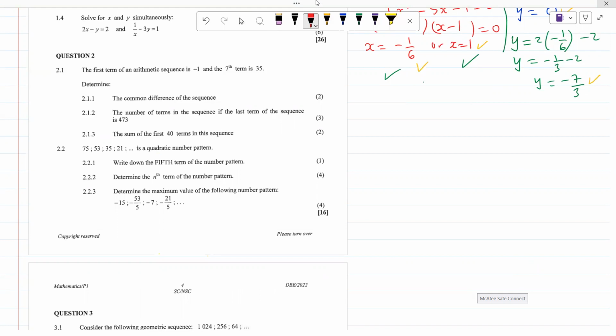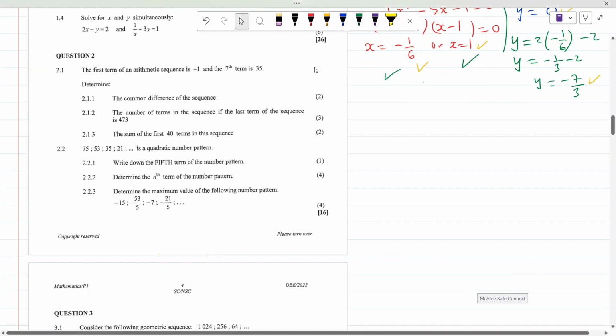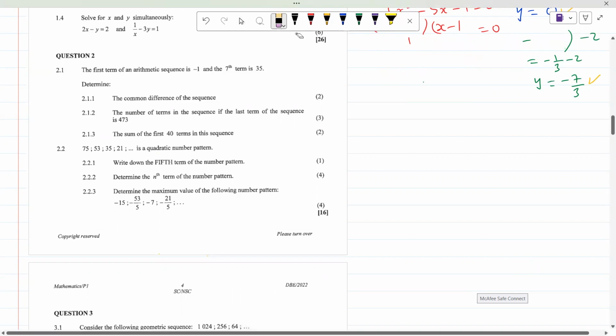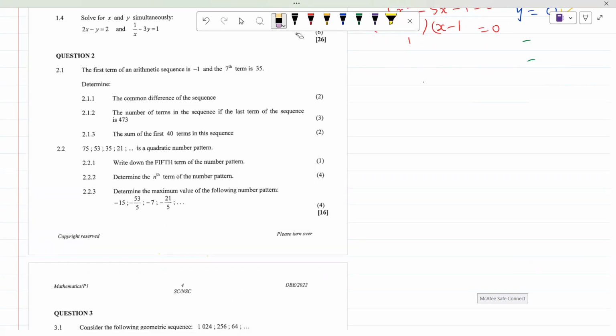The number patterns themselves are of great interest to us, and now we are focusing on question 2. Right, so we have 2.1.